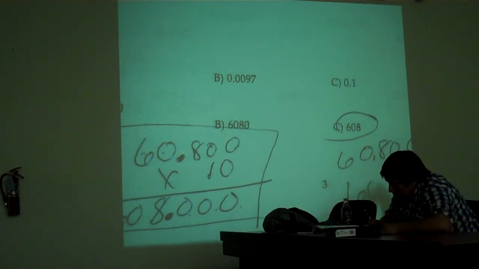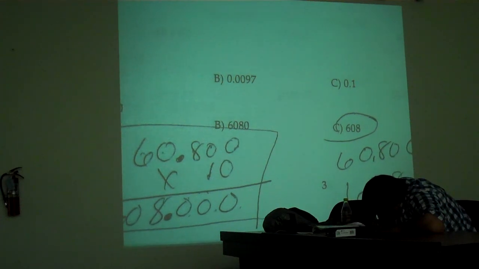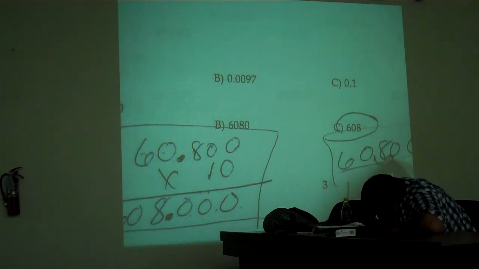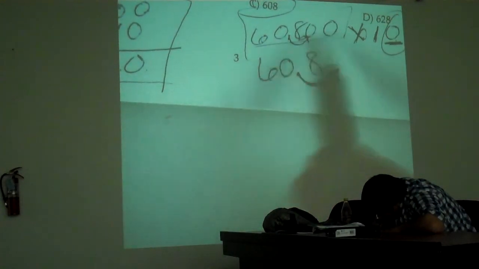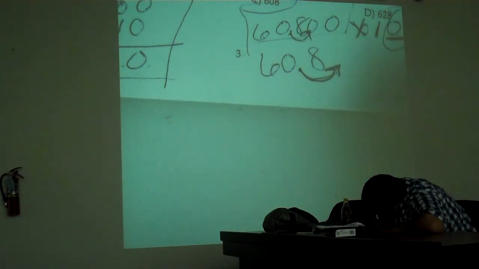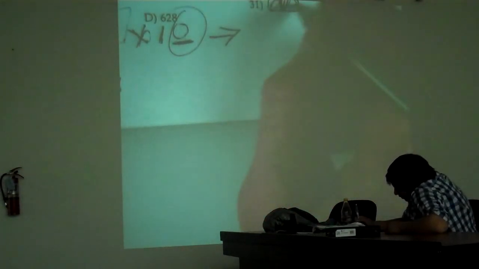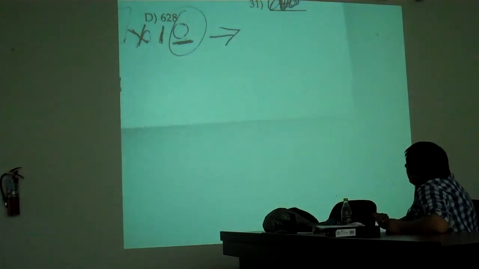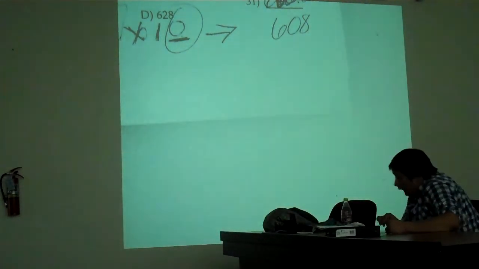So all you have to do, if you don't show this work, you're going to show moving your decimal to the right. Just show that you moved it 1 time. And then give your answer. In the answer column, you'll have your answer over here, okay? If it's 0.00, you don't have to show the 0.00. Just show 608.